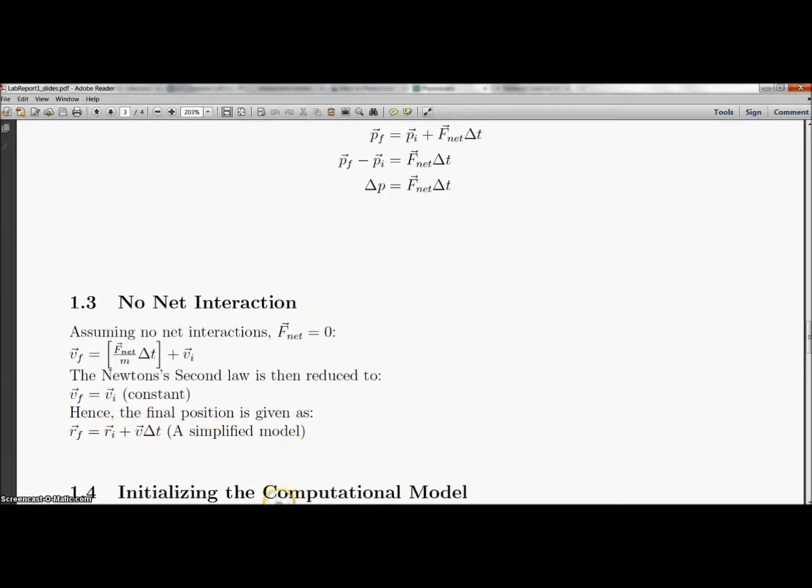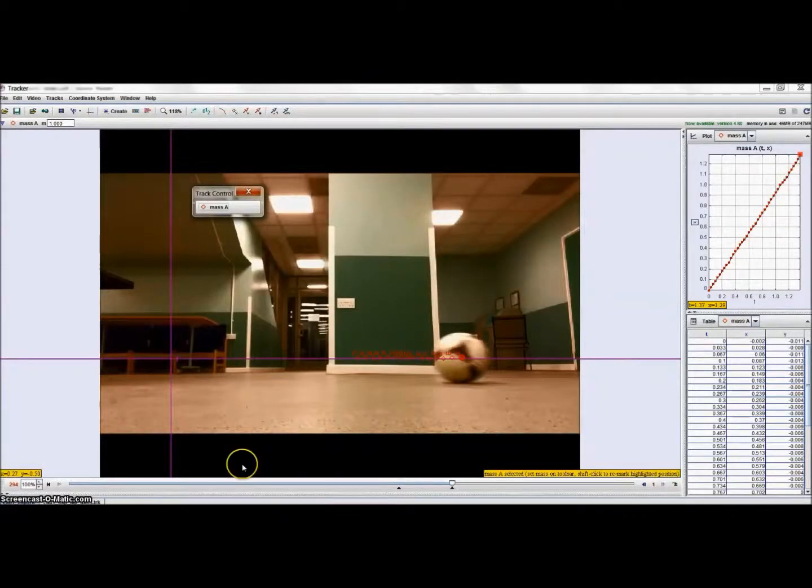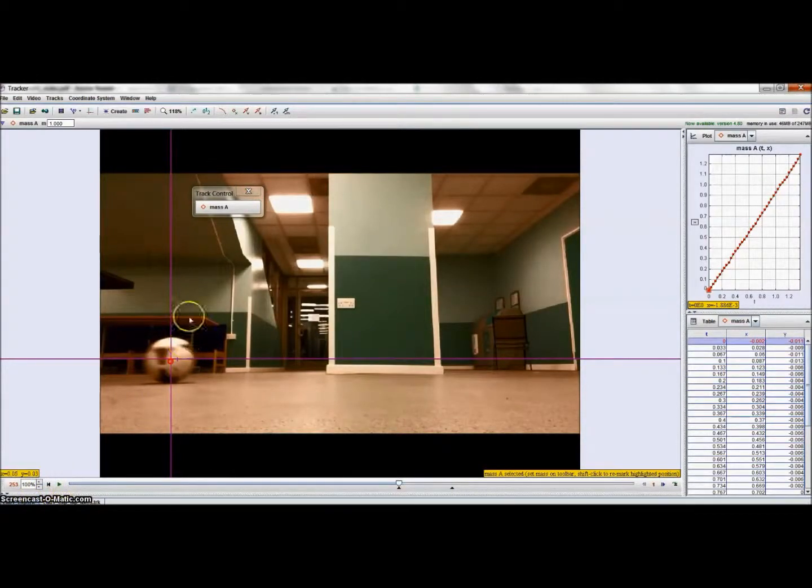Now, in order to get our experimental data, I captured a video, and here is my video on Tracker so that I can extract the relevant data. You see that my origin here is at the center of the ball, and the calibration stick is the diameter of the ball.